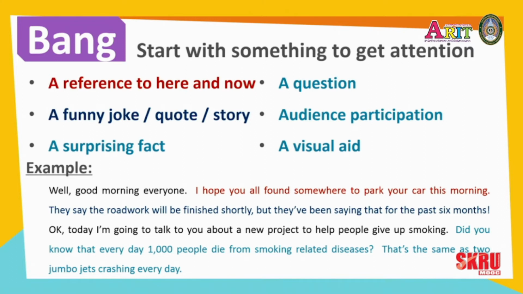So it's a little kind of joke. There's a surprising fact about the amount of people who die every year. So there's a couple of good bangs to get everybody's attention at the beginning of this presentation. So again, you want to do something to get people's attention before you get started.